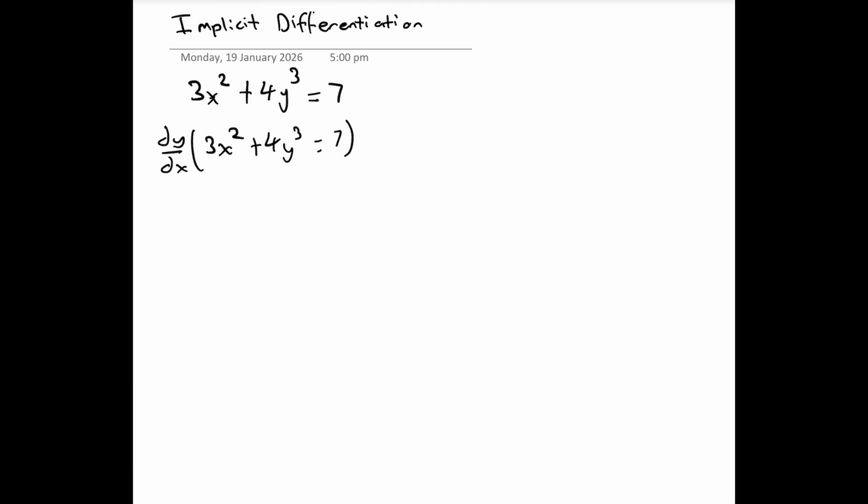So I will differentiate each term in the brackets with respect to x.